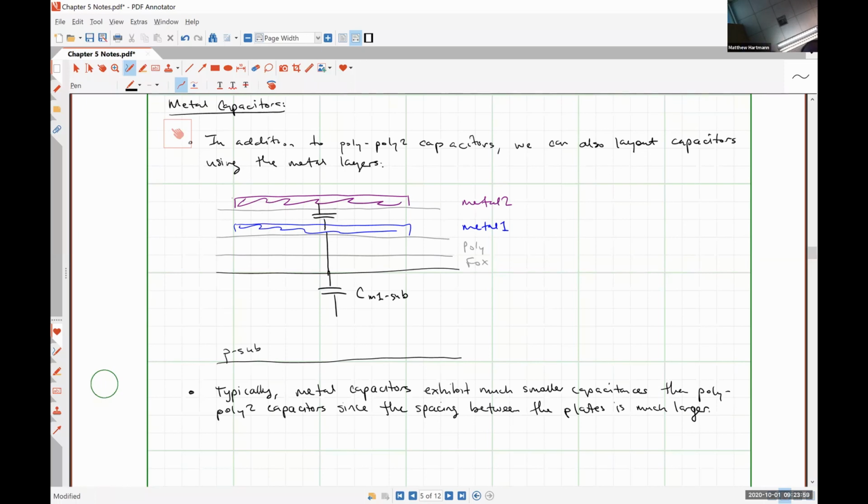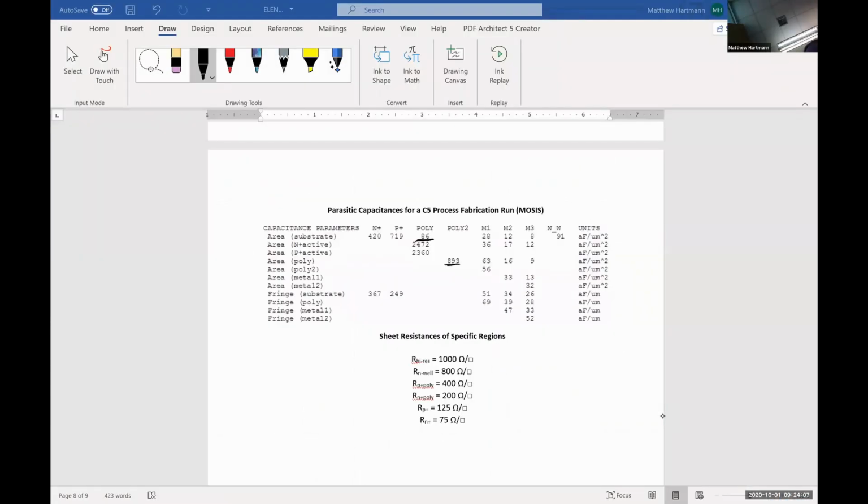So if we pop back over to this, the area, so if we're looking at this one, metal 2 to metal 1 is 33 attofarads per micron squared, whereas poly to poly 1 was 893, right?